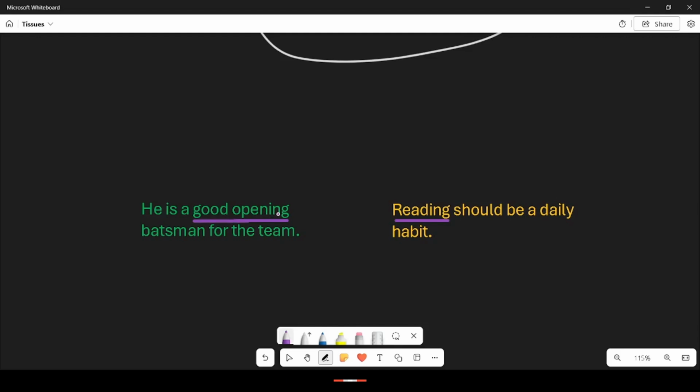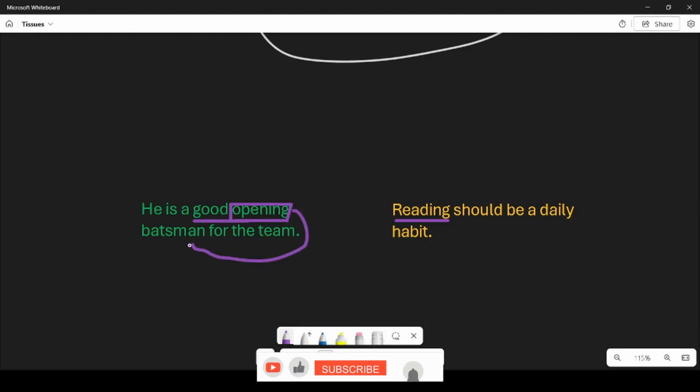So opening modifies batsman. This word opening over here is kind of an adjective to the person, that the person is the batsman. But reading over here, it's not describing anyone. It's not even an adjective.